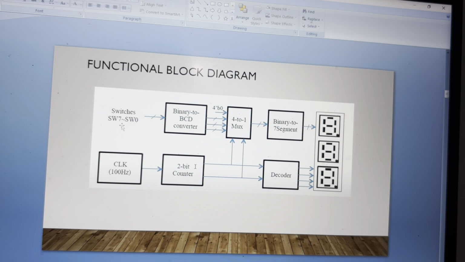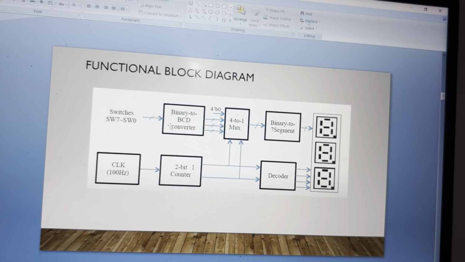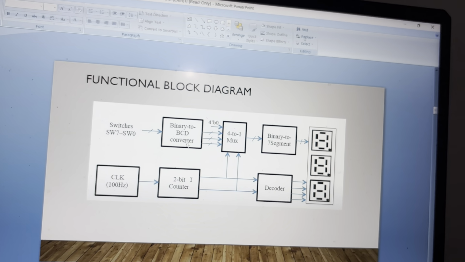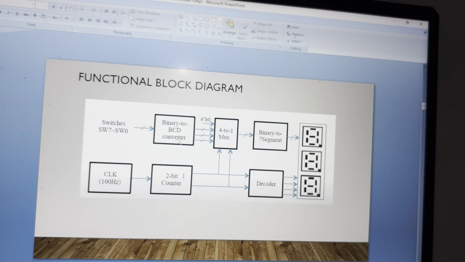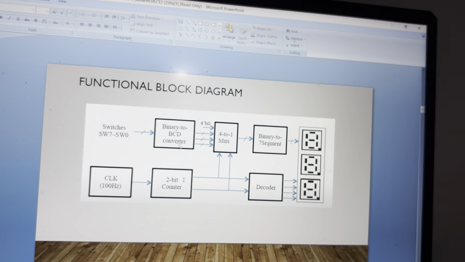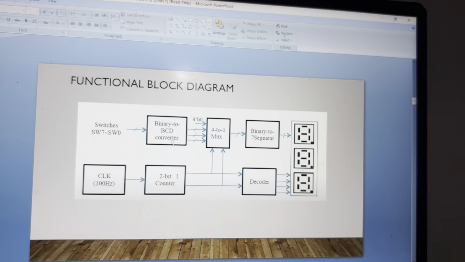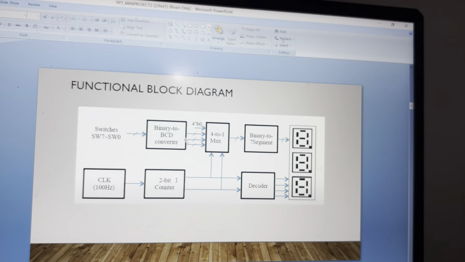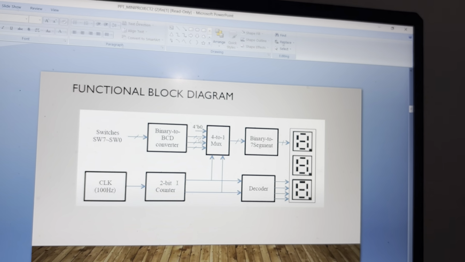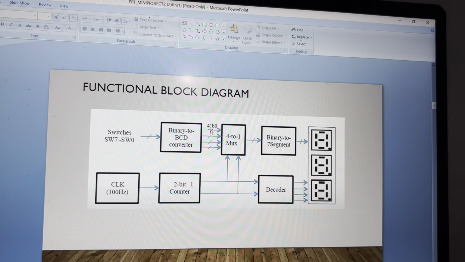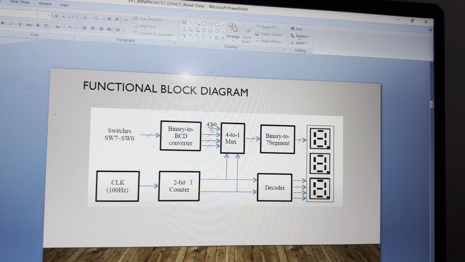These are the binary inputs, and we are using the binary to BCD converter. As I've already told you, we are using the shift add 3 algorithm. This algorithm will be discussed by my friend Pallavi in the next video, and its output gives us the ones, tens, hundreds, and in the thousands place we are inputting 4-bit binary zeros.